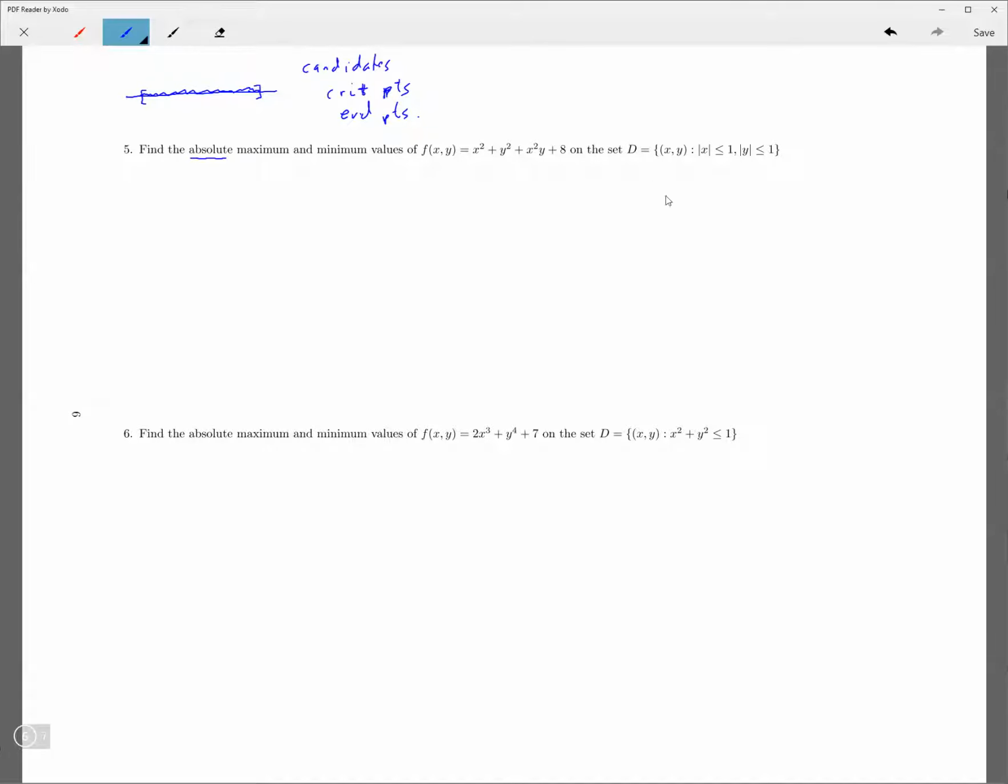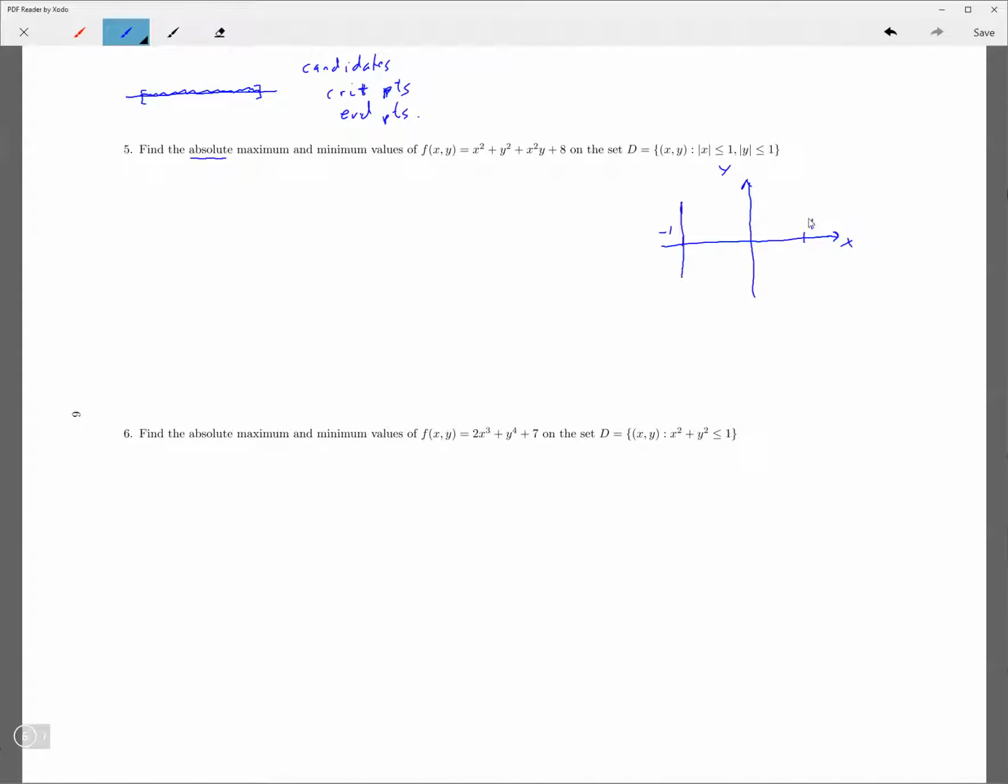Okay, so there's a similar situation here. This set D, I'm just going to graph the x and y axis here. And this set's actually where the absolute value of x is less than or equal to 1. That means x is between -1 and 1.